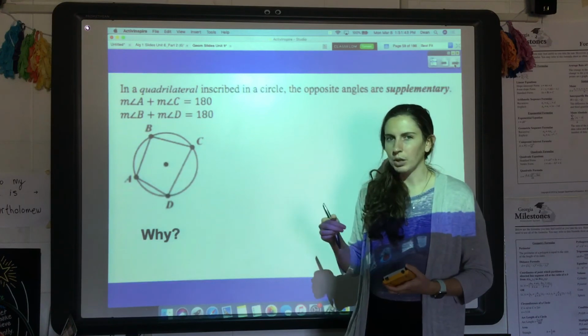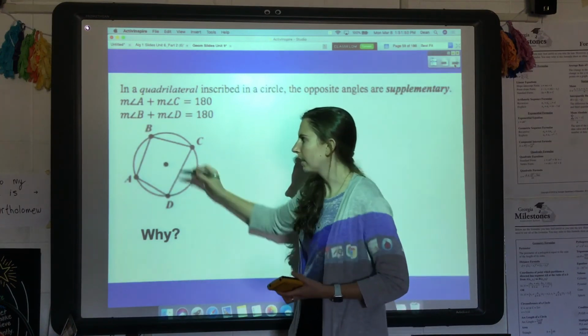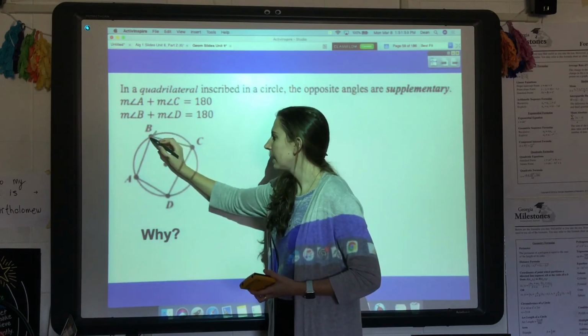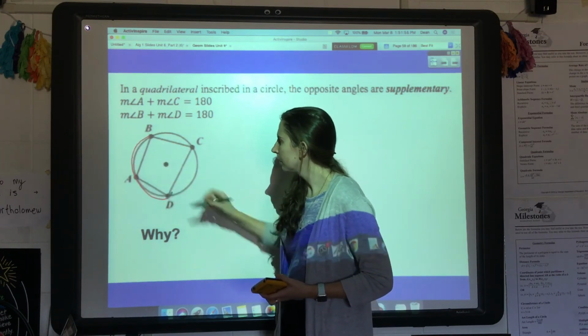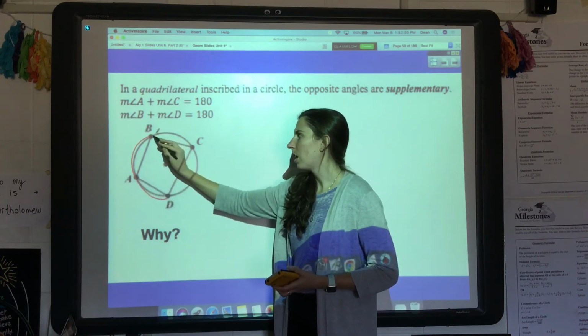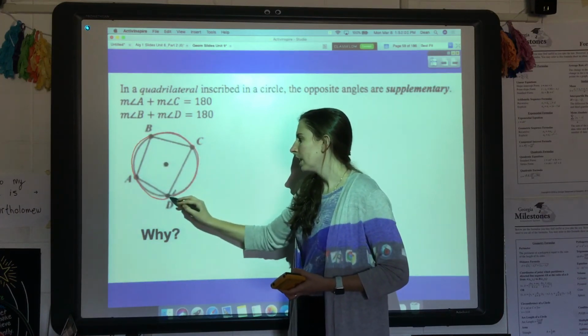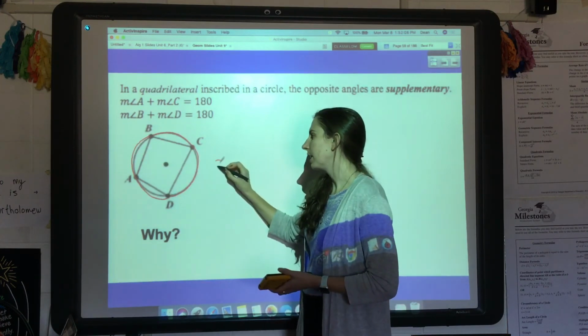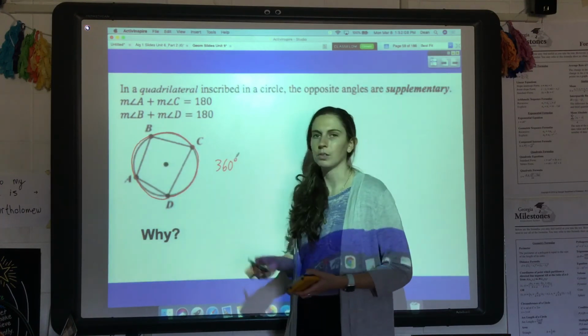And just to do a quick proof of this, the reason being, let's look at angle C. Angle C is on this arc, and angle A, right here, is on this arc. I know that those two arcs added together are 360 degrees. It's the full circle.